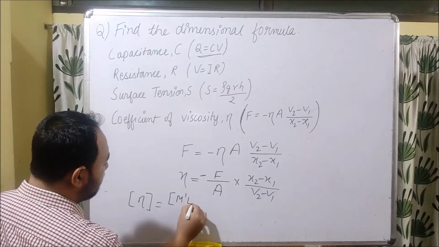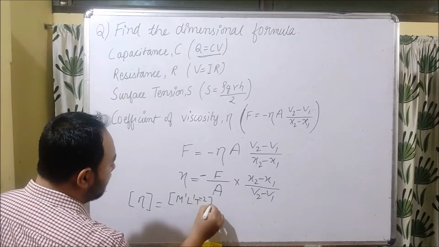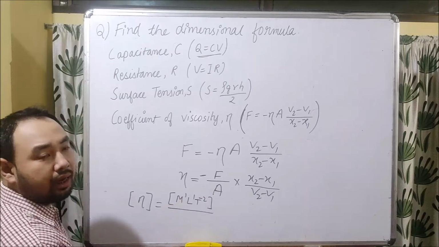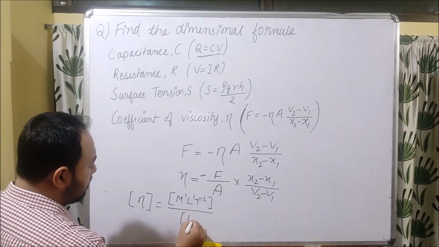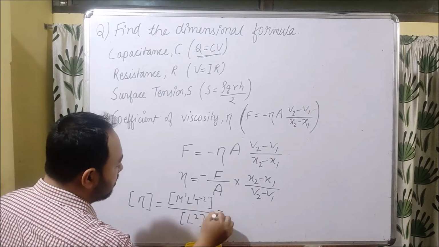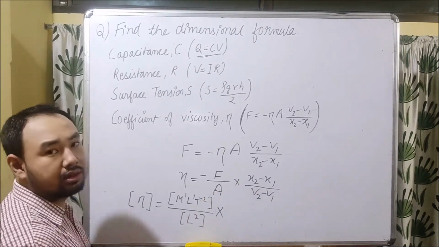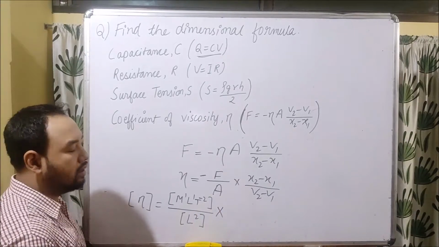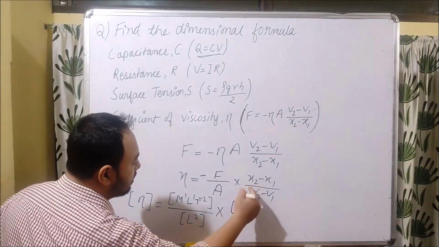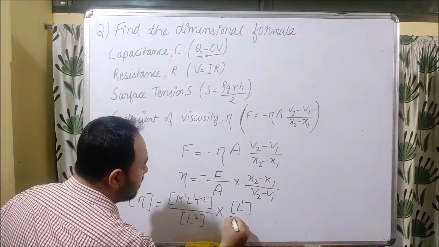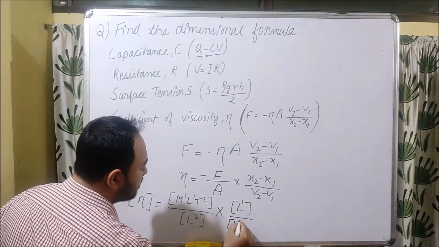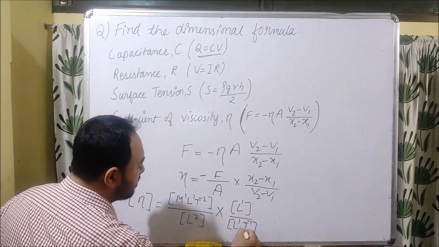It is M1 L1 T minus 2. For area it is L square. x over here is the distance, okay, and v is the velocity. So for distance it is L, and for velocity it is L1 T minus 1.